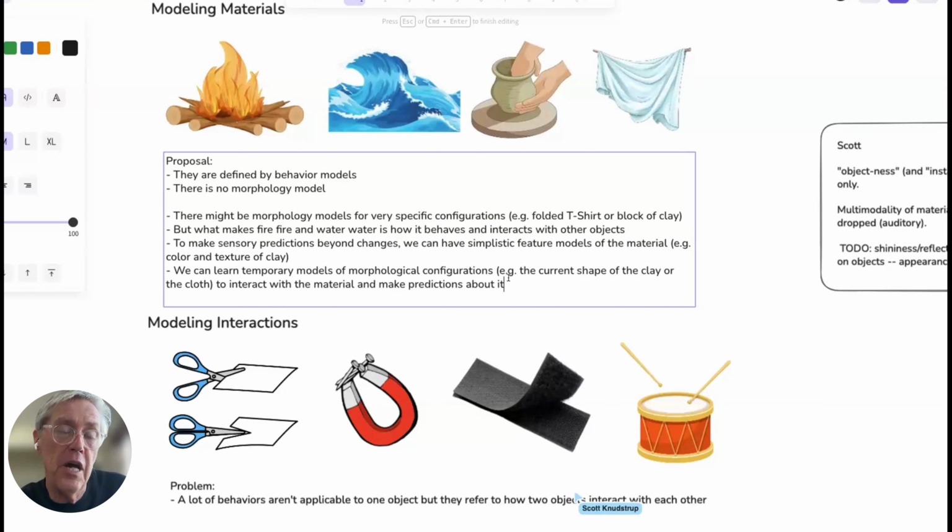And the class object is not reliant on reference frames and point normals. Would that be correct? Sort of, yeah. And it's still like an object ID. It would be the ID of clay, but it can have various shapes. It always has the same behaviors, but there isn't one morphology for it. Right. There are an infinite amount of morphologies you can pick.